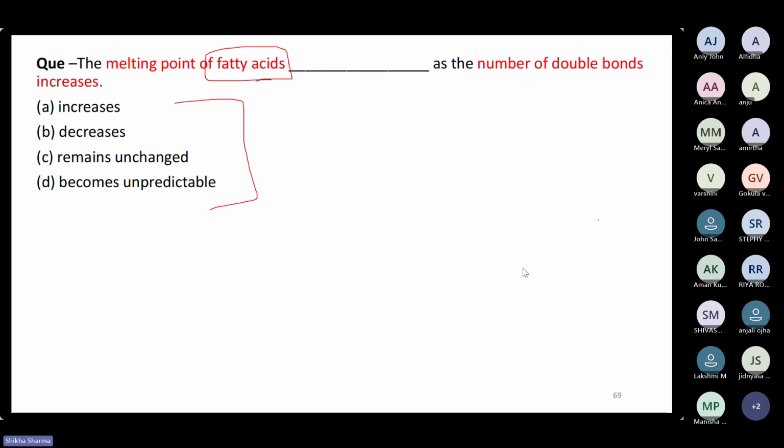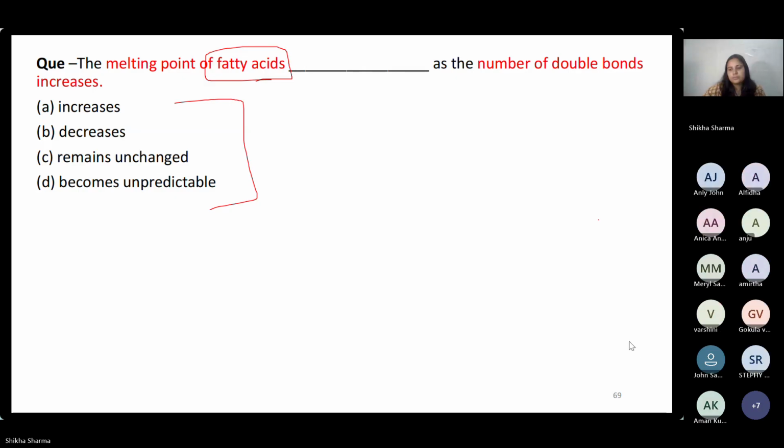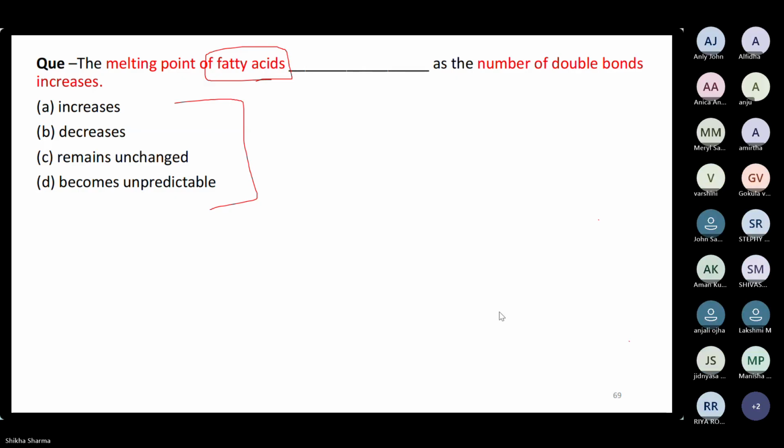Also, please try to give this answer. If we are increasing the number of double bonds in the fatty acids, what will be the effect on the fatty acids? Points discussed elaborately, ma'am.